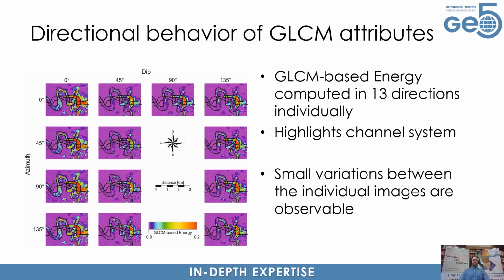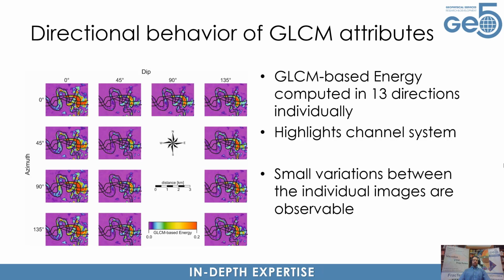In this example from the Werner Basin, we see a channel system interpreted on a coherence time slice. And in the background, we have GLCM-based energy computations in 13 space directions individually. In all of these GLCM-based energy attributes, we can clearly see the channel interiors, but the absolute value of the GLCM-based energy differs from image to image.